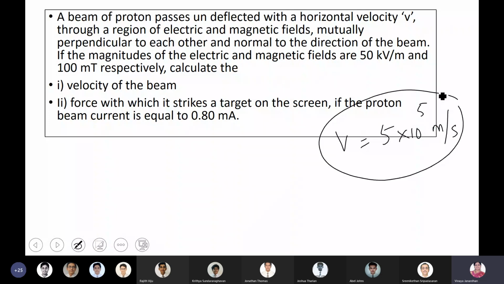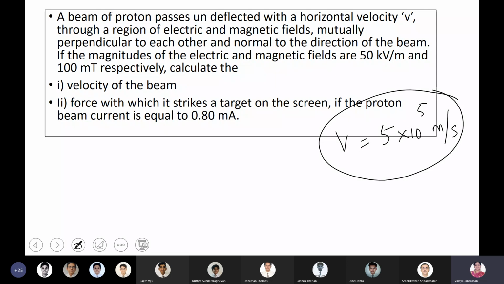Now look at the second question. The particle is entering both electric and magnetic fields, right? Now, what is the velocity with which it is going to come out? When it comes out of the fields, it strikes a target on the screen.